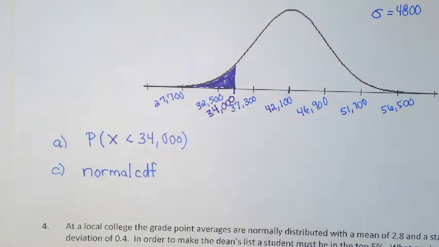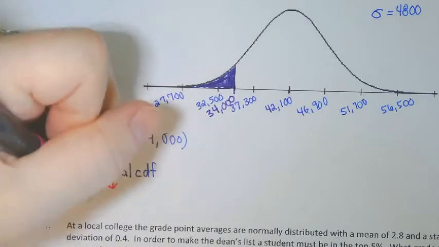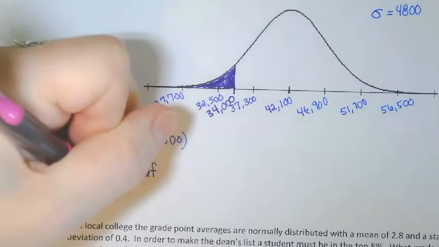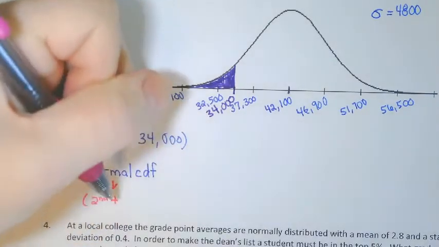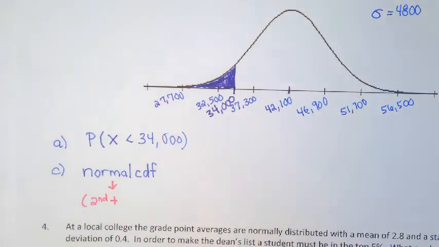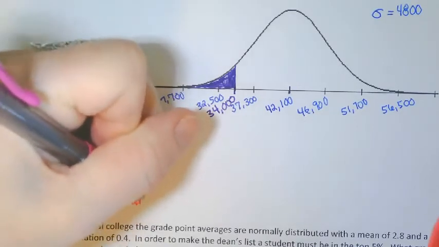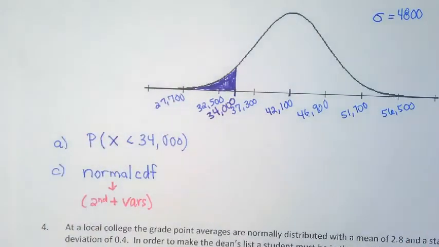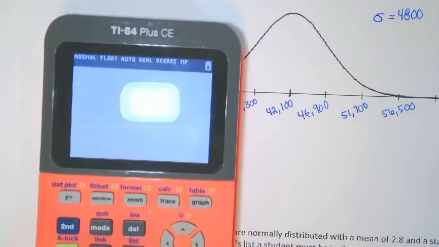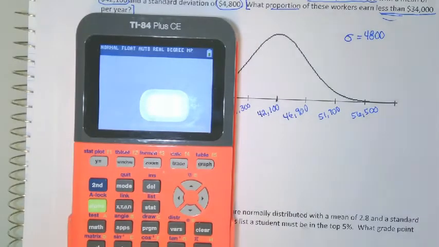How you get here on a graphing calculator is to hit the second button and then one that's on the right towards the top that says VARS. So I'm going to zoom it out for a second.